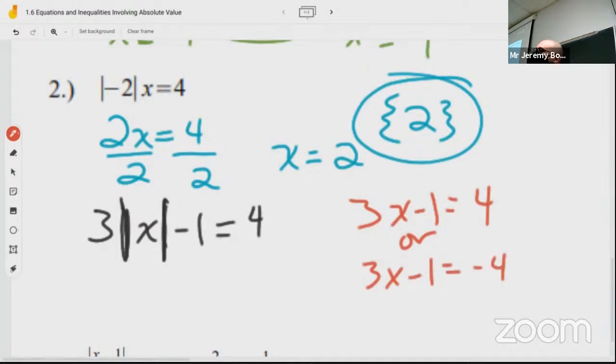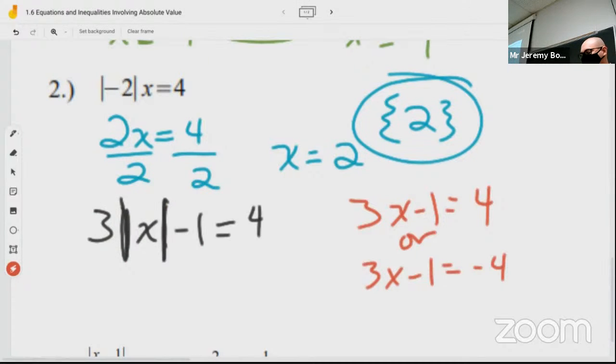Why not? That's true. We don't know if the x is negative or positive. But remember, the real reason we want to do it is because we can't make that assumption about this whole thing, right? Because the only thing that the absolute value is on is just the x, which may be what you're talking about, right? You don't know if it's negative or positive.